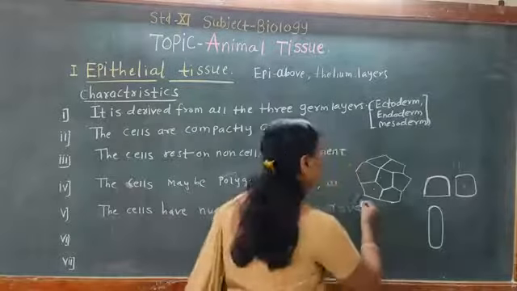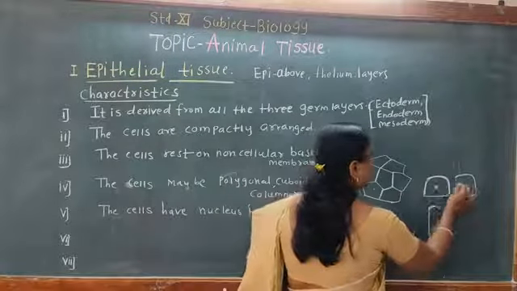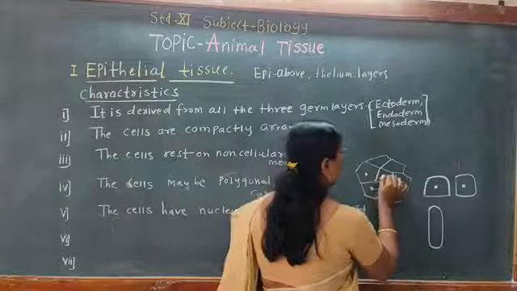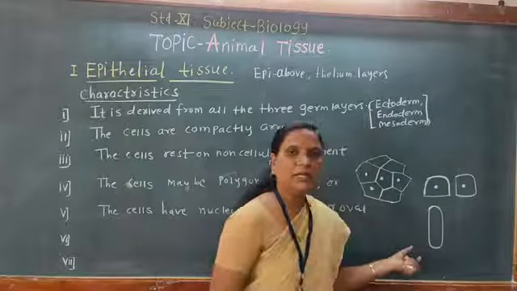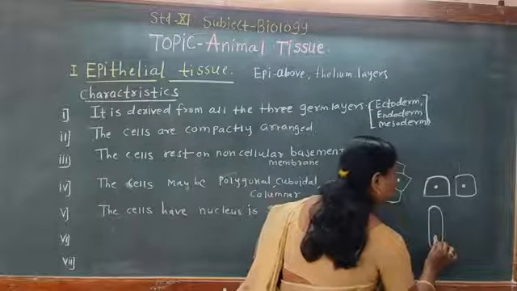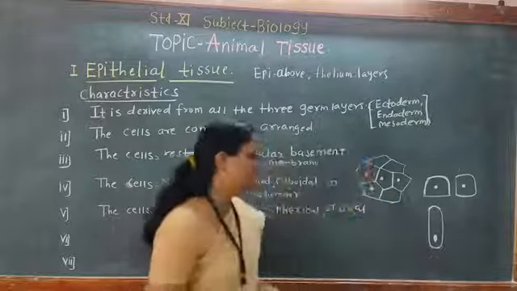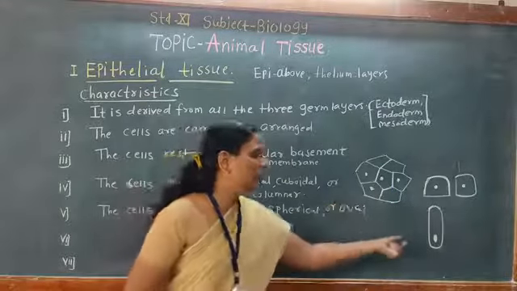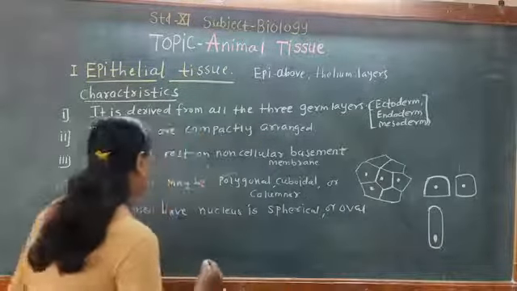If the cells are cuboidal, it is present at the center. In polygonal cells also they show a central nucleus, but in columnar cells it is present at the base and it is an oval nucleus. So the nucleus may be oval or spherical, and is present at the center or at the base of cells.